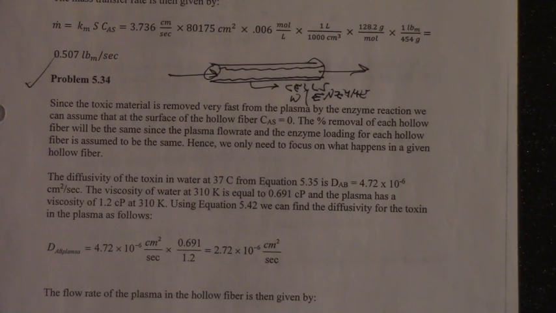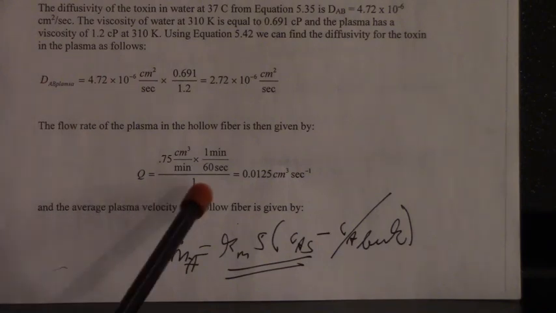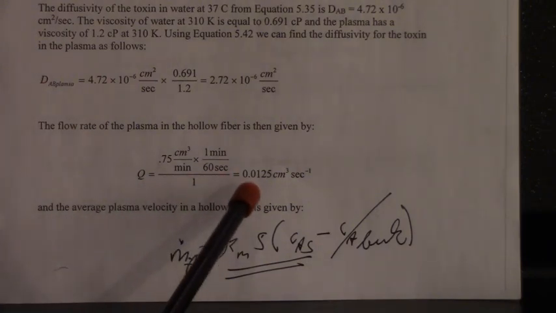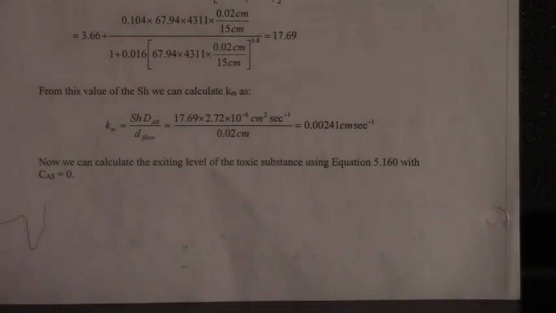And then the flow rate of the plasma in each of the fibers is given by this equation, so we get 0.0125 cubic centimeters per second. And the average plasma velocity in a hollow fiber can then be calculated, as shown at the top of the next page.